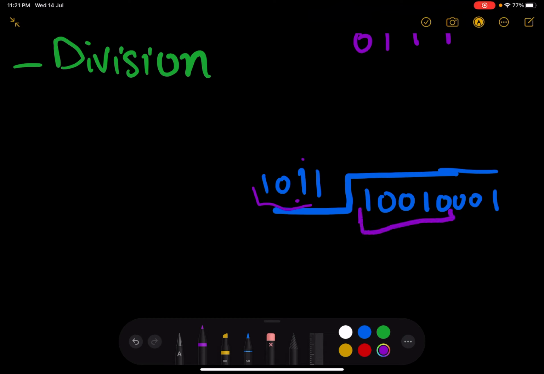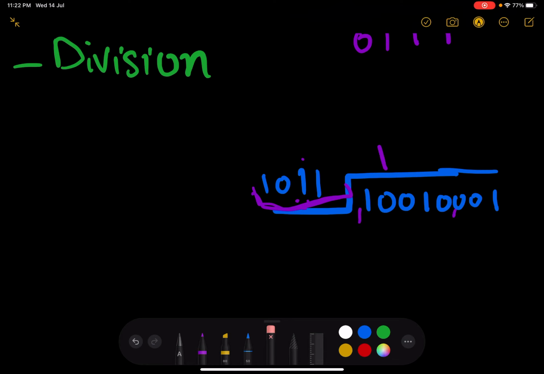So I'm going to take these 5 bits and divide them by this number, and because we only have a binary system, ones and zeros, you either get 0 or 1. And if the number that you are taking here is greater than this number, the answer will be 1.